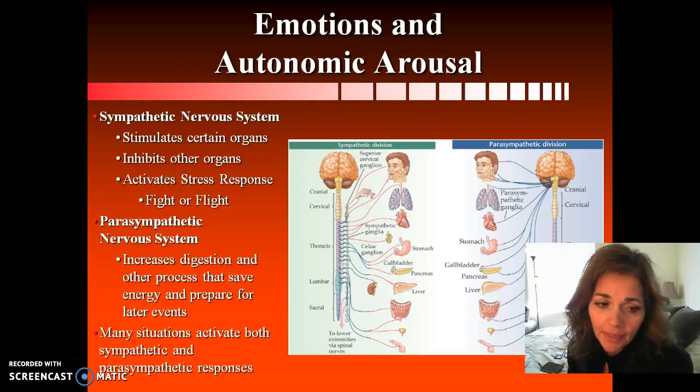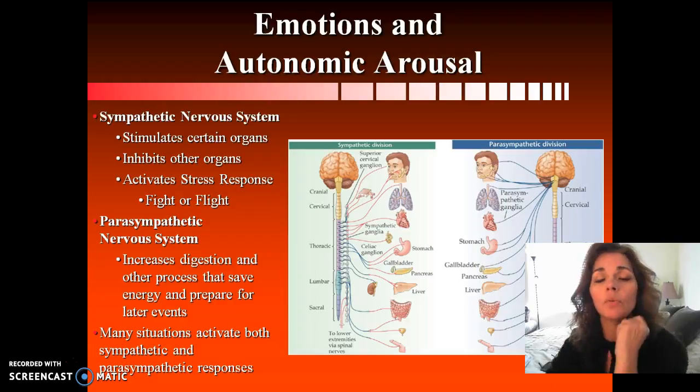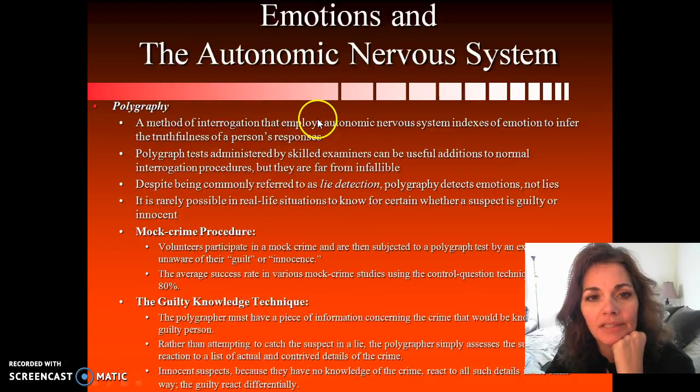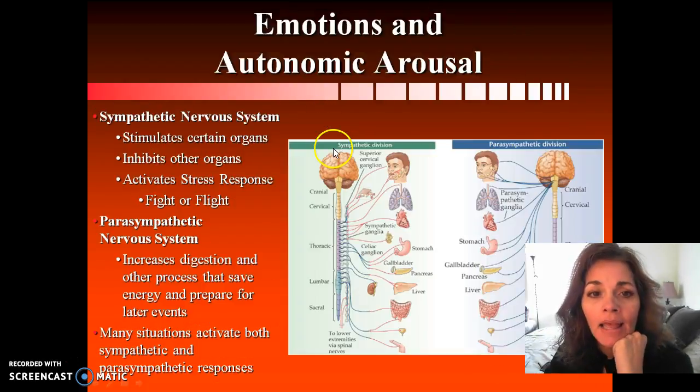And then the parasympathetic nervous system is really what's managing digestion and those underlying automatic processes that will allow us to either use energy or save energy for a later date. So many situations that activate emotions will activate the sympathetic or parasympathetic nervous system in some way.